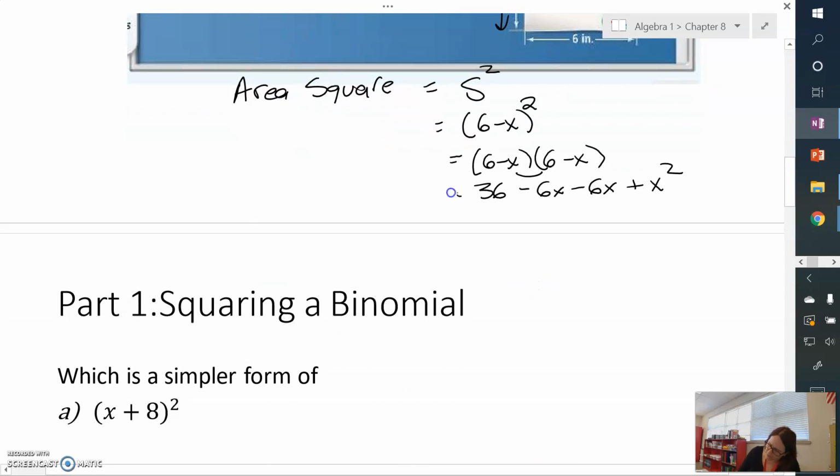I'm going to put this in standard form to put the x squared first. So I have x squared minus 12x plus 36. And if I knew what the value of x was, we could actually calculate the area of the square.